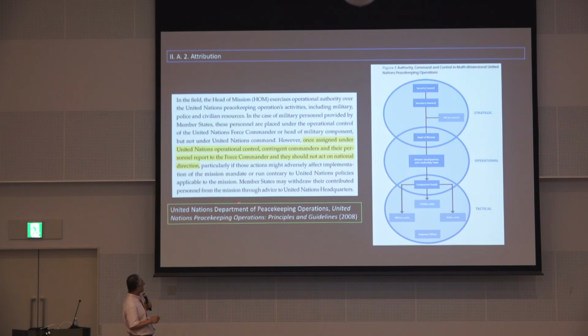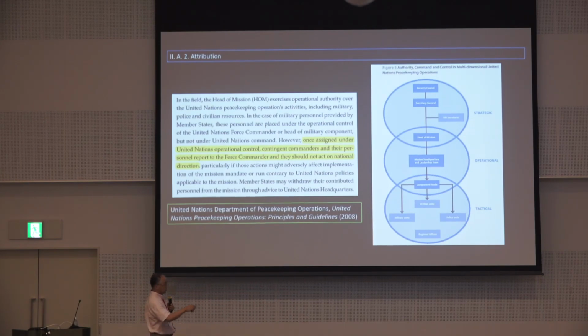According to the Secretariat, once assigned under UN operational control, contingent commanders, meaning the commanders of the smallest units, which are composed of soldiers of the same state, for example the Dutch contingent, or the Benin contingent, or the South African contingent, have their own commanders.